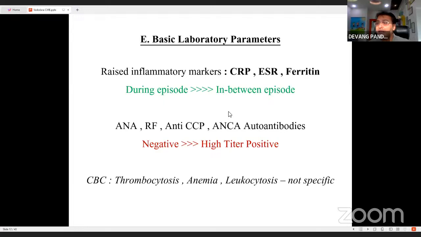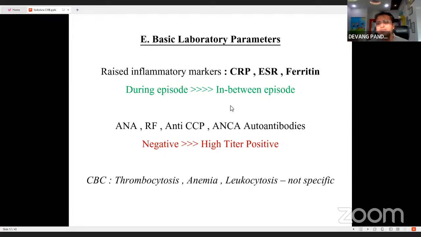So if you are already suspecting and the child came to you during an episode, almost always there should be elevation of acute phase reactants, which are usually CRP, ESR, and ferritin. Most of the time it is only during the episode, but it does not mean that in some severe autoinflammatory disorders, between the episodes, the child looks perfectly fine.